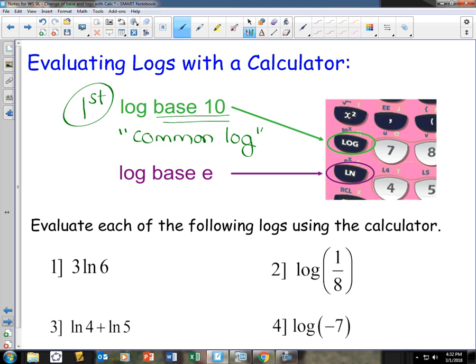And then our second button of interest is the LN button. That is log base e. Basically it's log base e, but instead of writing it that way, we write it as LN. That is the natural log.